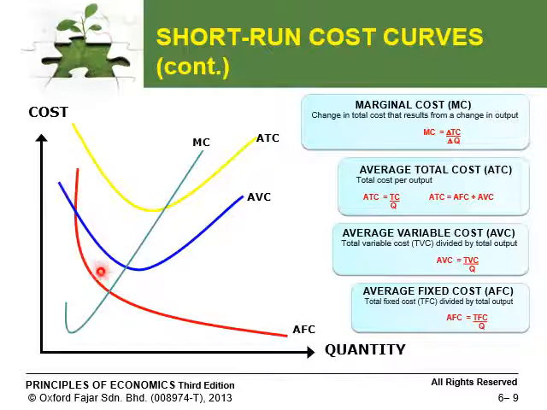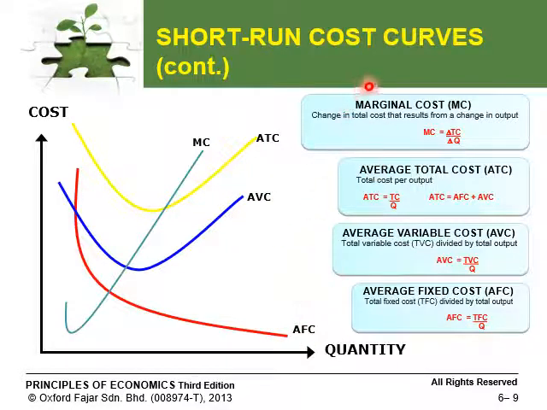How about average variable cost? Average variable cost will be U-shaped or smiley-shaped like this. It also gives a similar shape for the average total cost, but average total cost must be above average variable cost and average fixed cost, right?